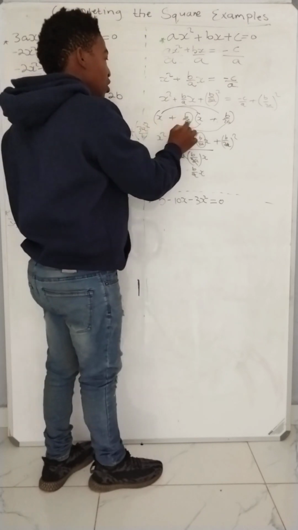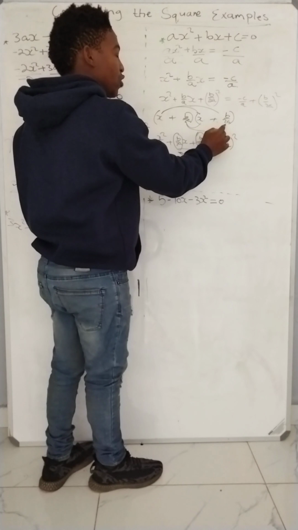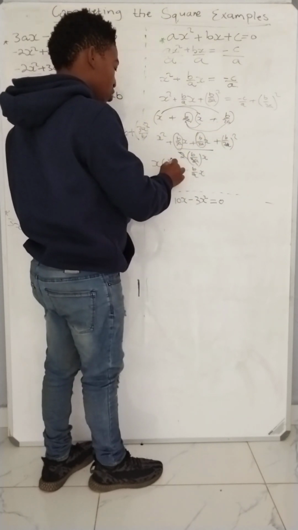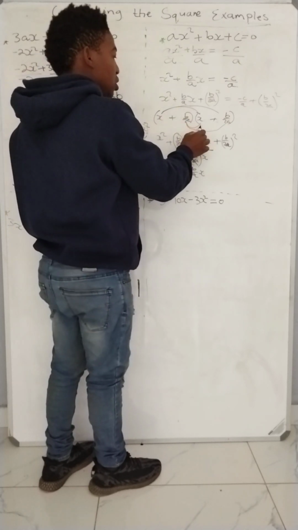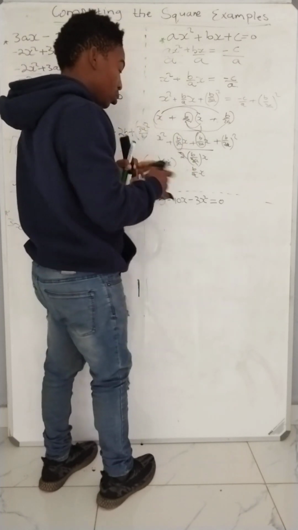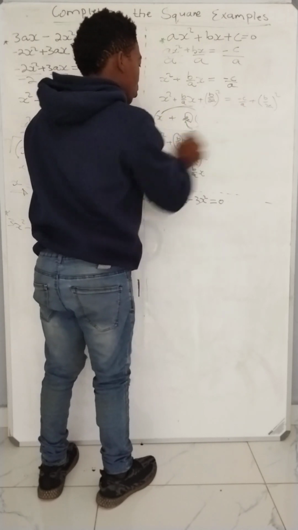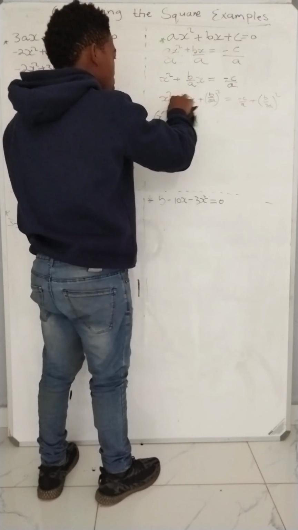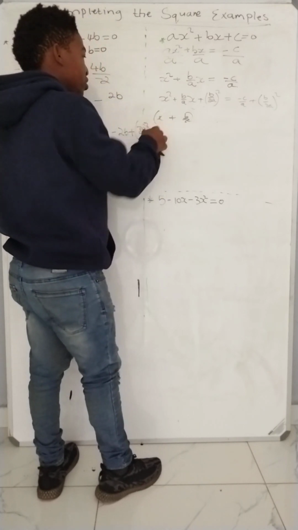Now, because x plus b over 2a is the same as x plus b over 2a, you can just say x into x is the same as x squared. So we're writing one item and squaring it. That's what we're going to be doing when we factorize that. I just wanted to show that so that people can understand.